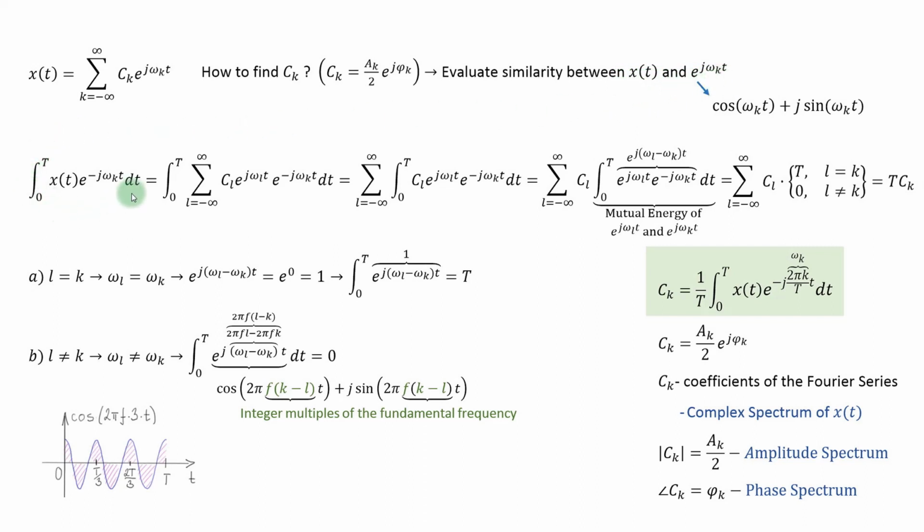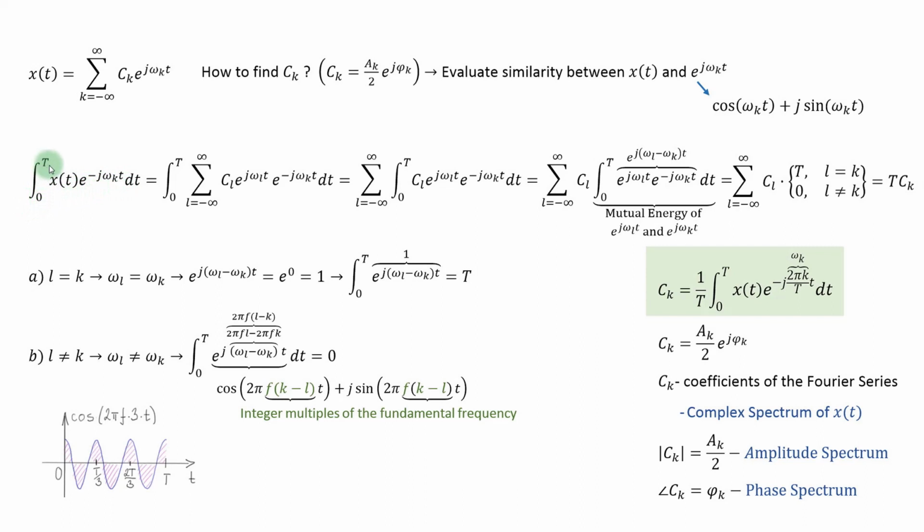This is the mutual energy of my signal and that complex exponential. This minus is here, but it is not here. The reason is that when we compute the mutual energy between complex signals, and this complex exponential is a complex signal, we need to take the complex conjugate of this second signal, thus this minus.